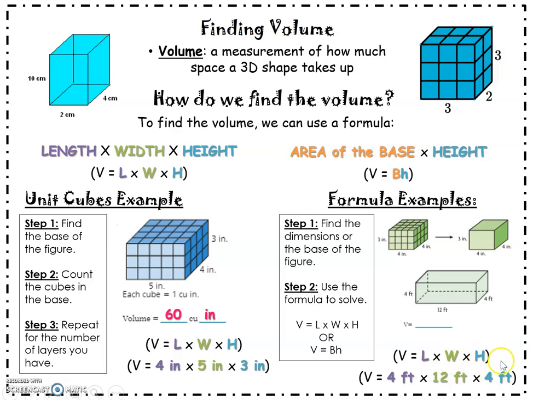And then if I multiply that again by 4, I end up with 192 feet cubed. This is the second way we can label volume, by putting first whatever unit of measurement we're using, in this case feet, and then an exponent of 3. That exponent of 3 tells me that I multiplied 3 dimensions: length, width, and height.